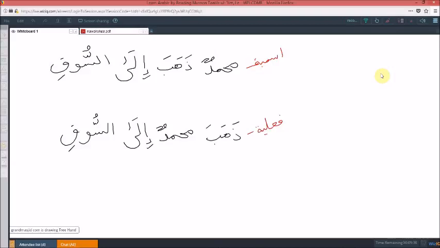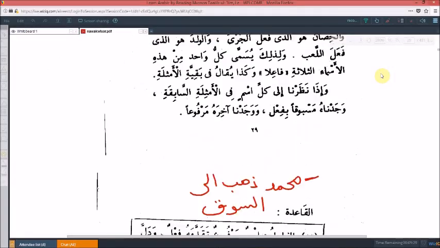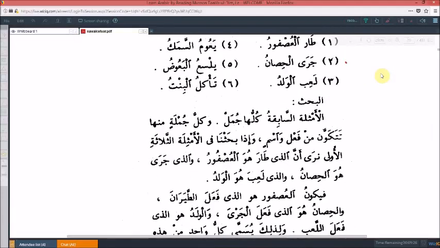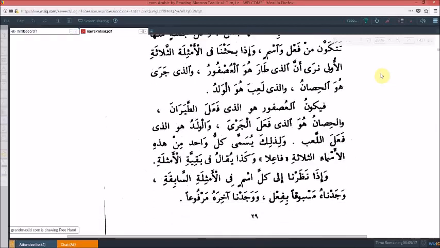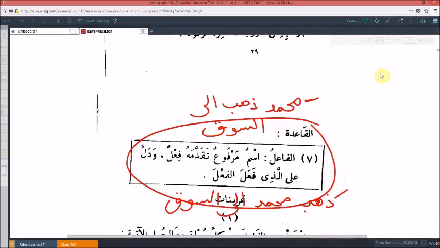Now, we said here, if I go down again to the qaida, I don't understand what happened on the paper there, but give me a second. The qaida says it must be preceded by a verb.